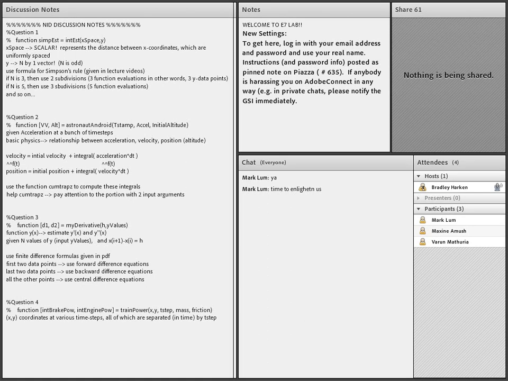So the first thing we're going to do here, given these xy coordinates, is compute the distance at every time step. We have xy coordinates at every time step, and we want to compute the distance traveled in each time step.